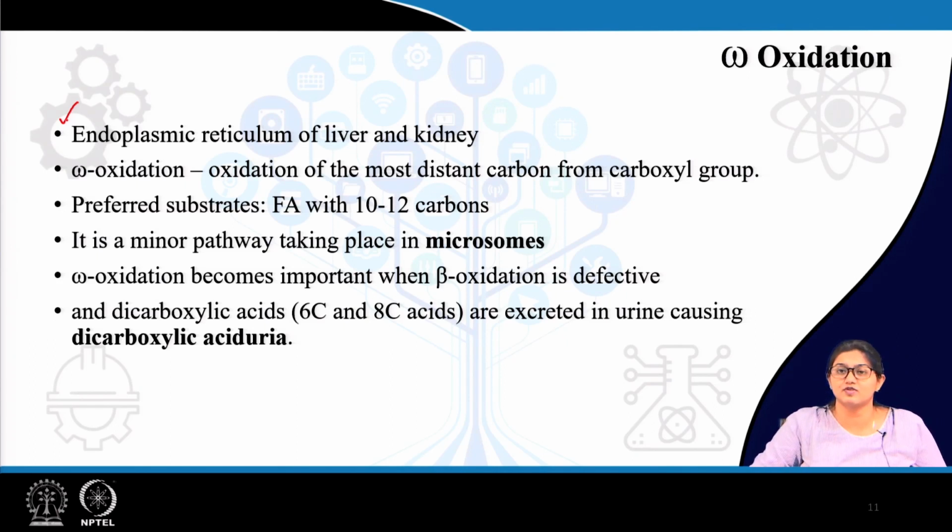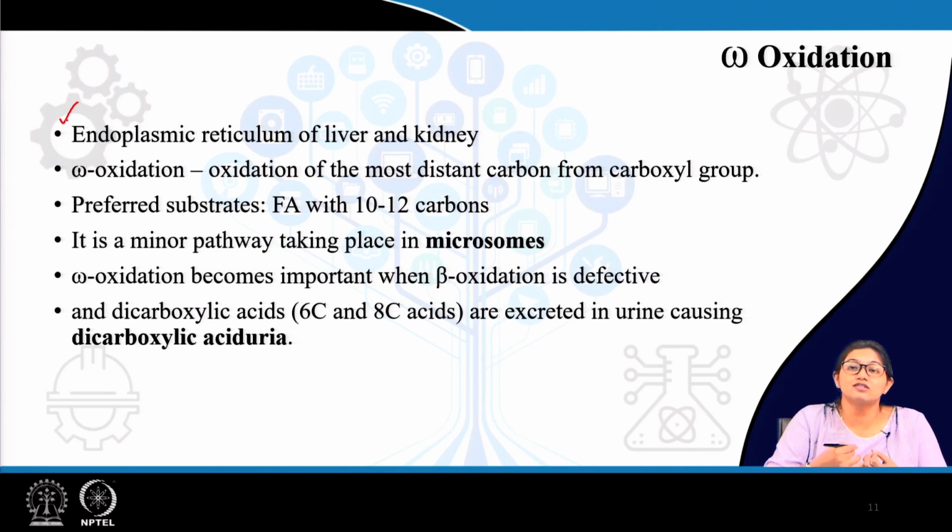Now, the preferred substrates are the fatty acids with at least 10 to 12 carbon chains. Then remember omega oxidation is the minor pathway, and in normal persons there is omega oxidation along with the major fatty acid oxidation pathway, that is beta oxidation.